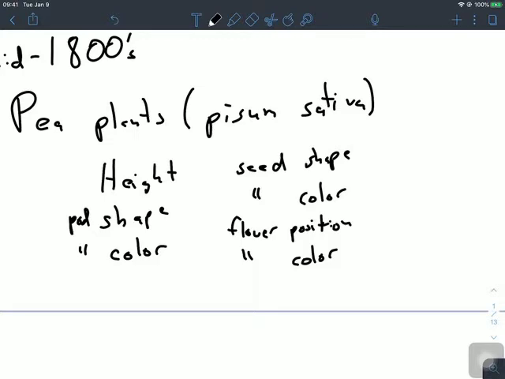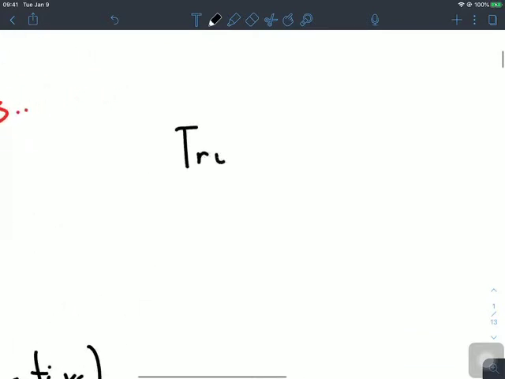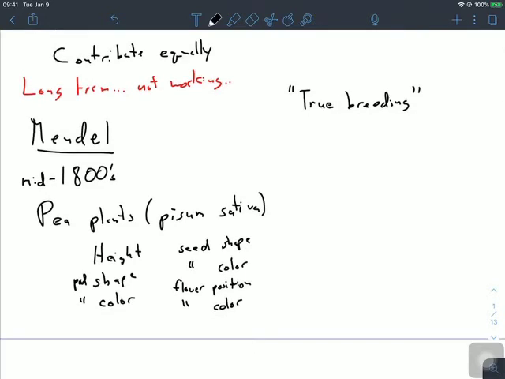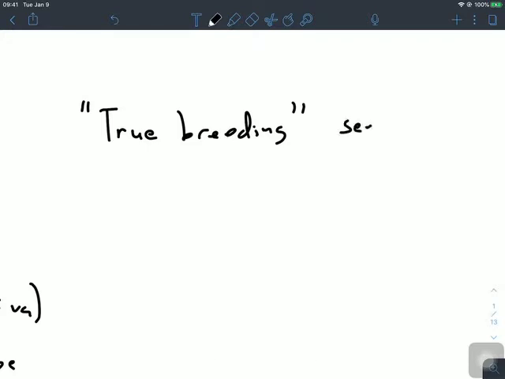His idea was to get a plant that was true breeding for a trait. Like, my personal favorite here is seed color. So true breeding for seed color. In his population of plants, he noticed that there were peas that were yellow in color, and there were peas that were green in color.